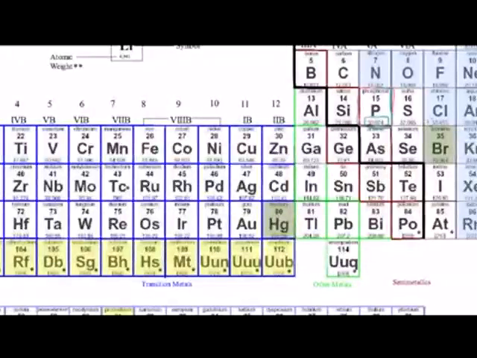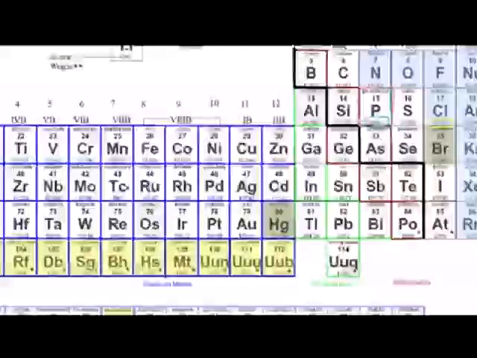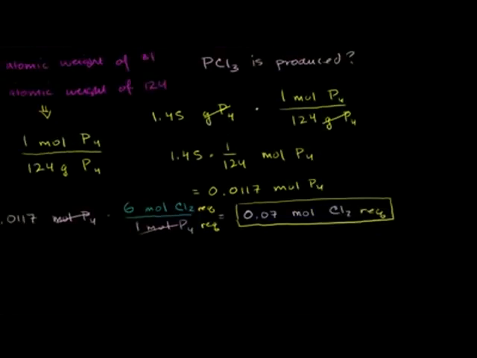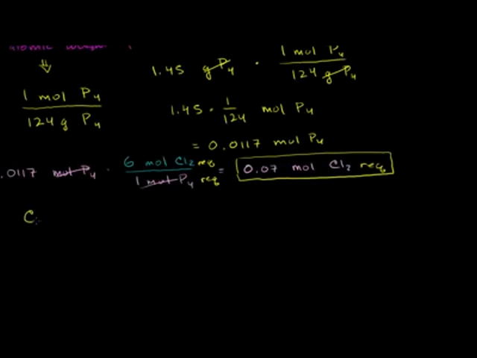Chlorine right here has an atomic weight of 35.453. That's the weighted average of all of the isotopes of chlorine on Earth. So molecular chlorine gas, which has 2 atoms, is going to have twice that.